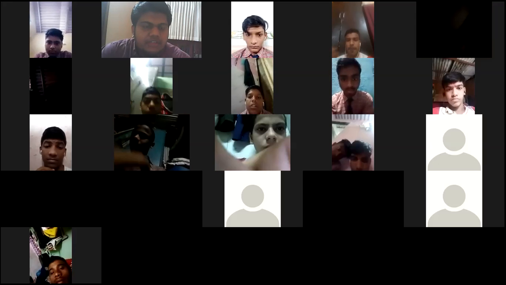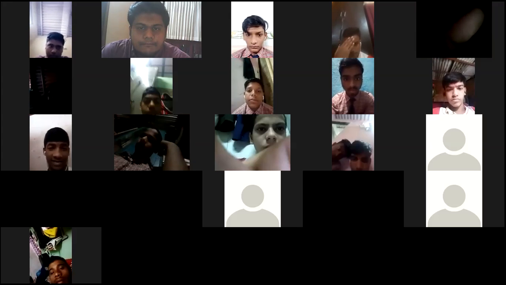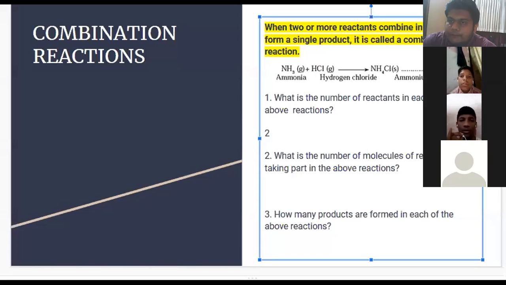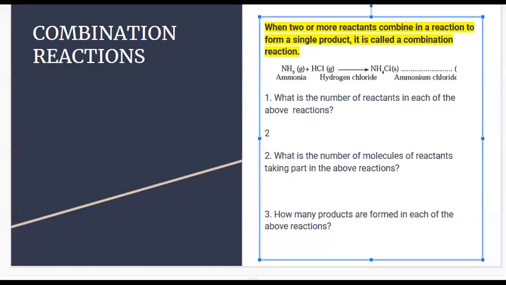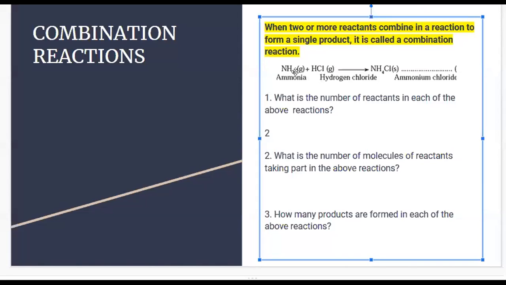Rohit, do you want to explain why you said 2? Why did you say 2? Sir, because HCl is one molecule and ammonia NH3 is one molecule, because of that. And the 6 answer that many people gave, what would be its question? Sir, that would be atoms, total atoms. Total atoms? Exactly.